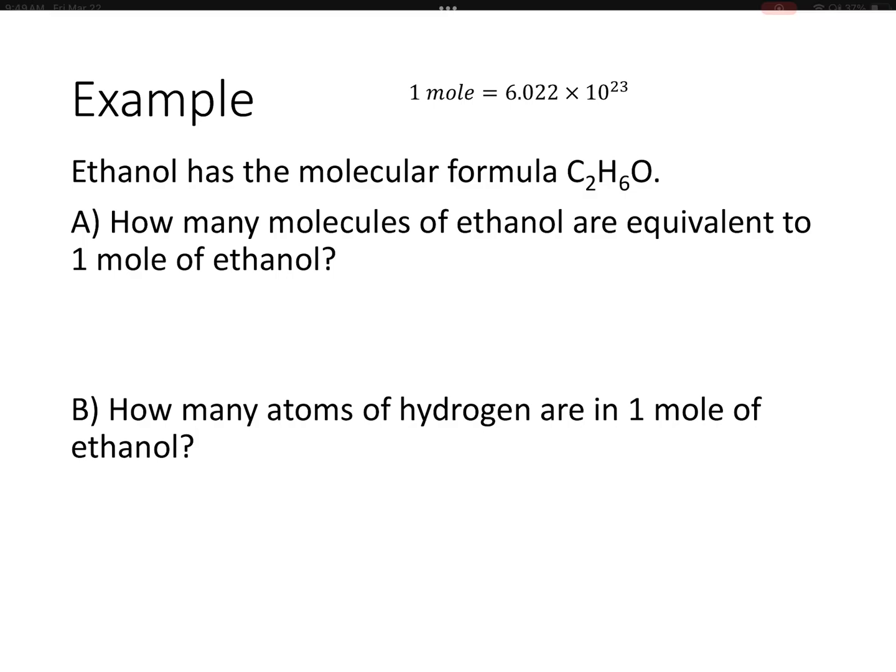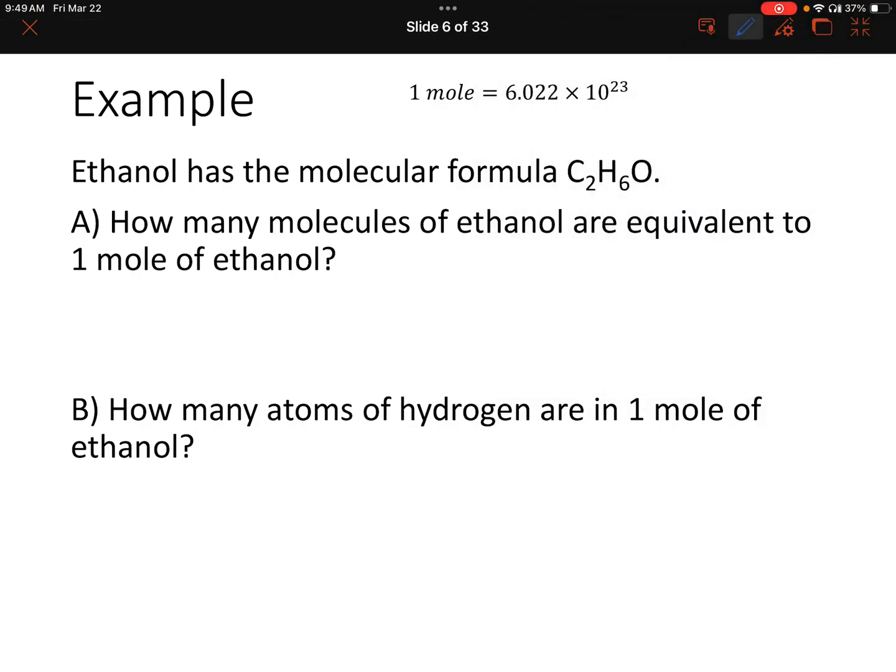So let's figure out what we're given and what we're solving for. We're solving for molecules of ethanol, so that's what we want at the end. And we're given 1 mole of ethanol.